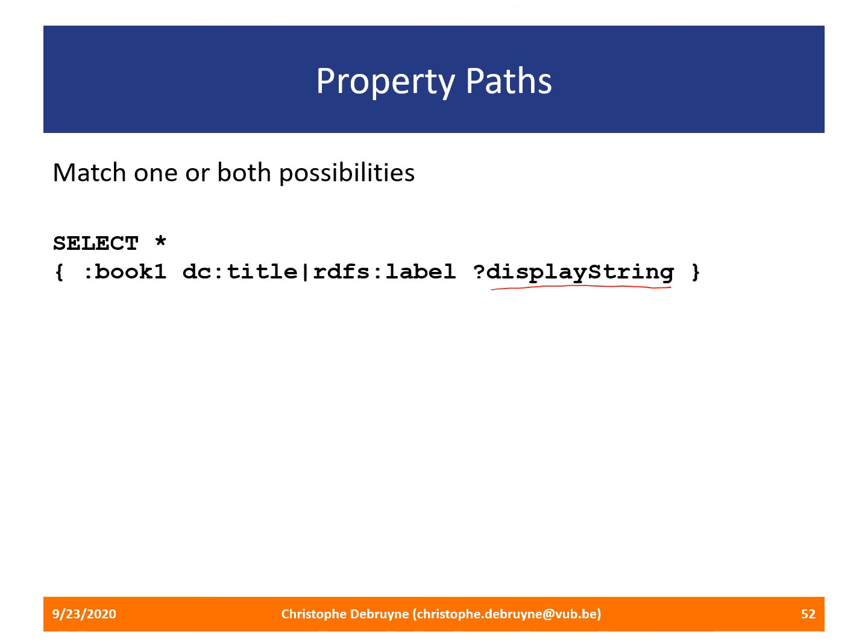And they are either obtained by looking at the DC title predicate or RDFS label. So as you can see, this is an OR. So we can get alternatives. And if a particular book were to have both of them, well, we would get the two results.